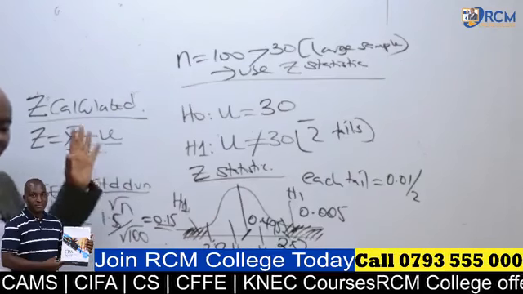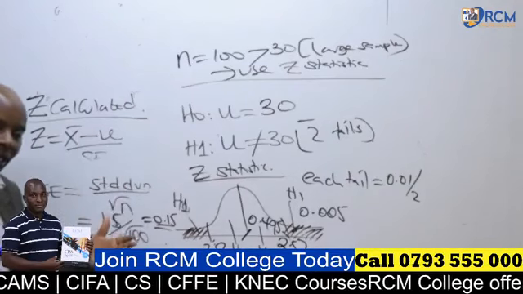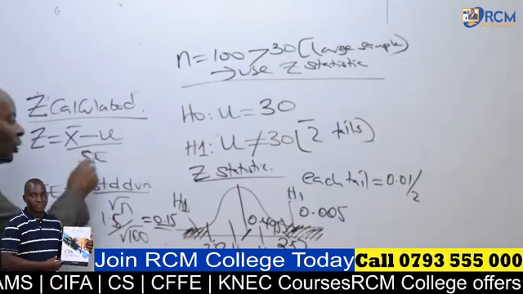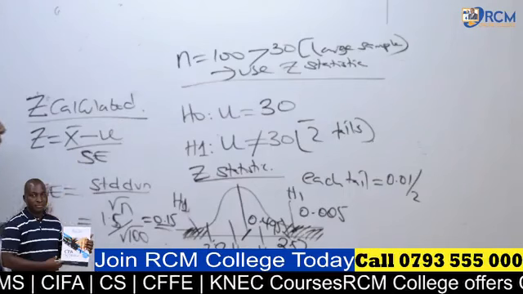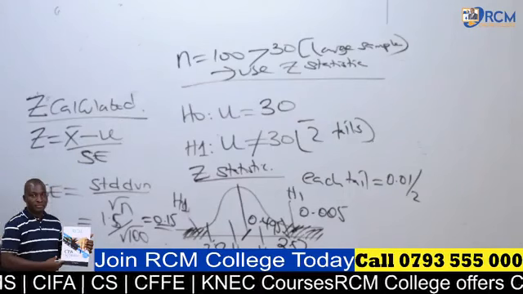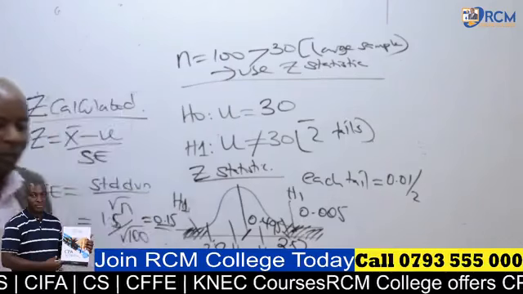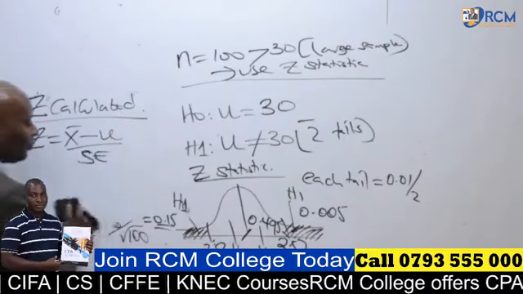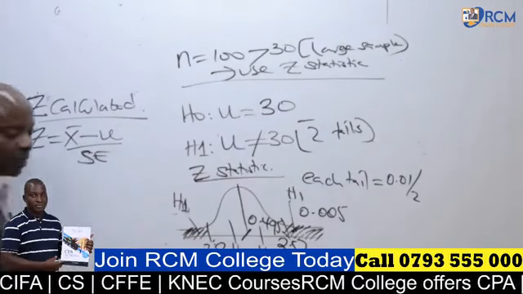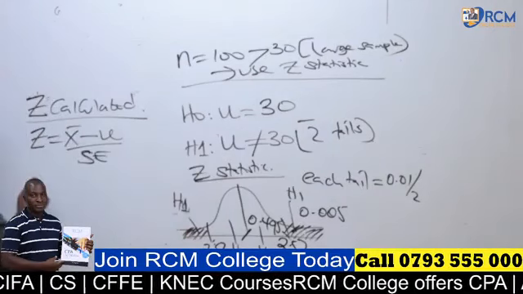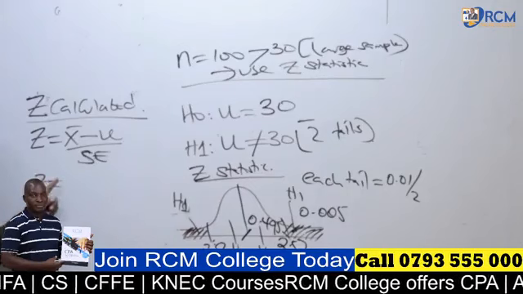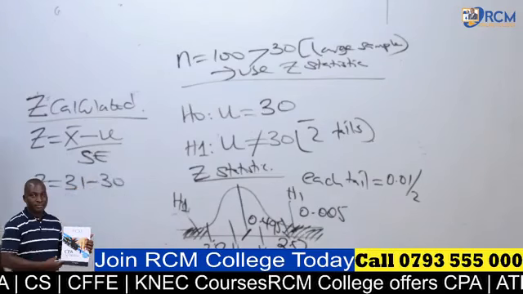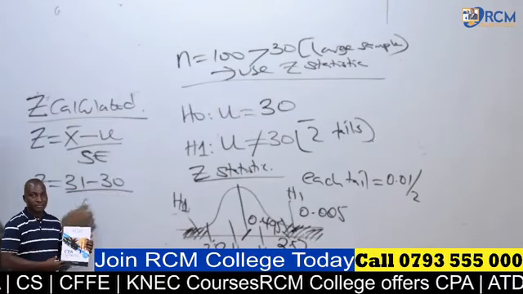Now, having gotten the standard error, I know where I'm supposed to be using it. So my z-score at the end of the day should be equal to what? My z-score should be equal to x bar, which they have told me the sample is 31, minus the population mean of 30, all over 0.15.